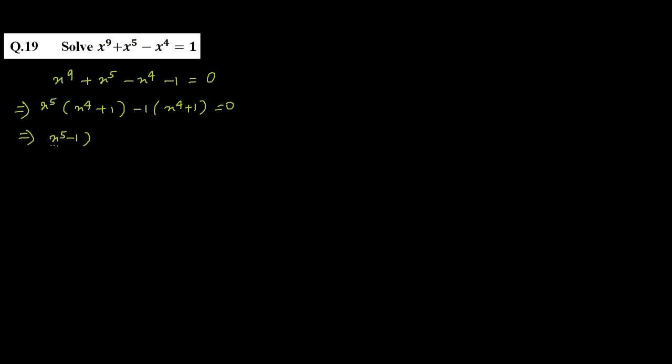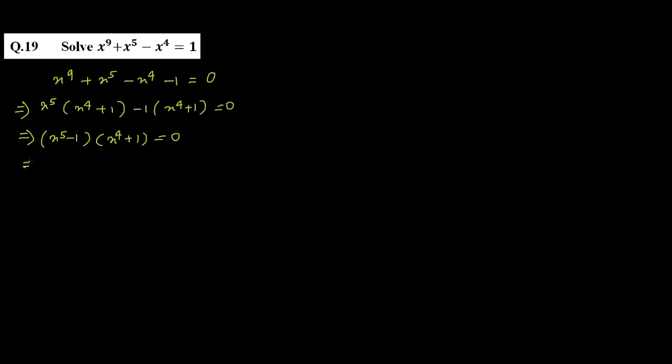x to the power 9 plus x to the power 5 minus x to the power 4 minus 1 will become 0. Now take x to the power 5 common. So this will become x to the power 4 plus 1, and if you are taking minus 1 common, this will become x to the power 4 plus 1 is equal to 0. Now (x to the power 5 minus 1) into (x to the power 4 plus 1) is equal to 0.